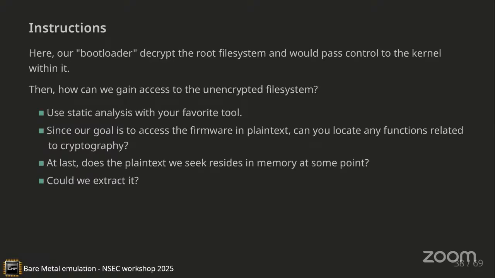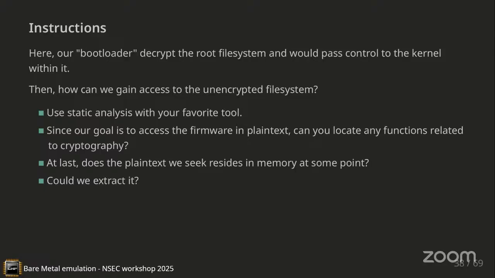So what we'll need to do here is to use a tool for static analysis. I do recommend Ghidra. It's free and it's good enough for my use cases. So I like to play with it. And we'll do static analysis on the kernel.elf in exercise 4.